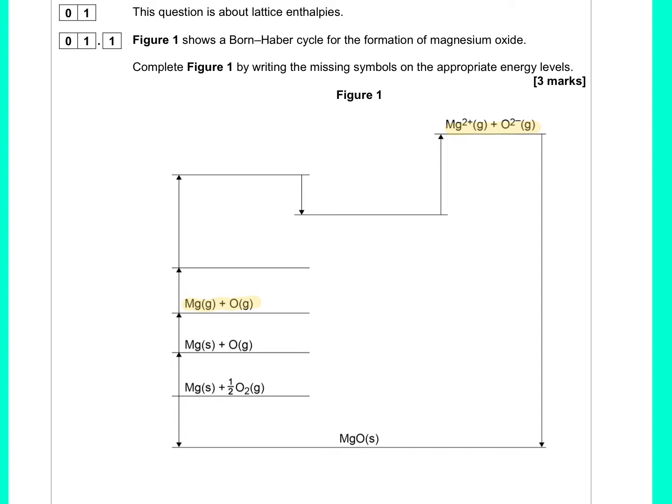So first we're going to have the magnesium turning into magnesium plus, and it's going to lose an electron, and the oxygen stays the same. And then we're going to have it losing a second electron. So second ionisation energy.